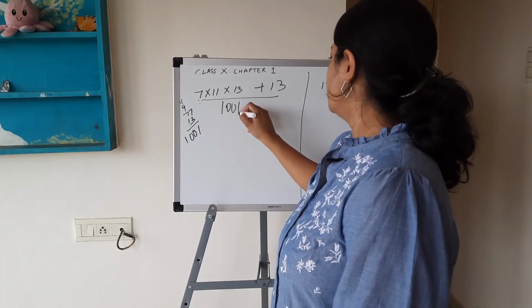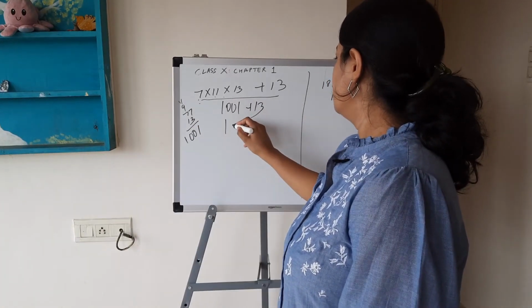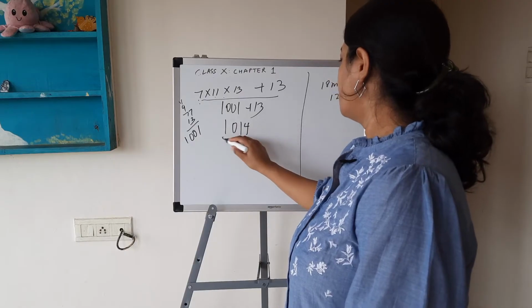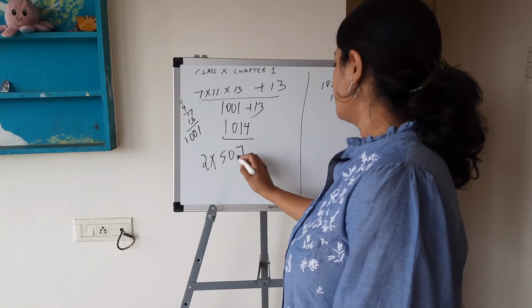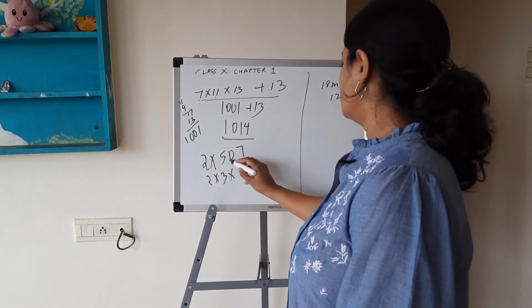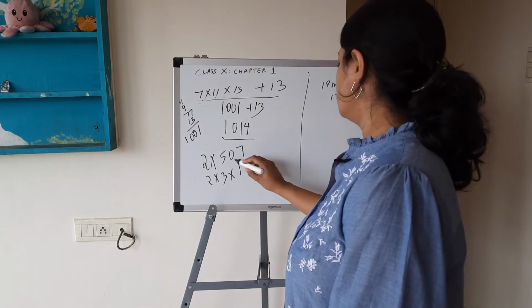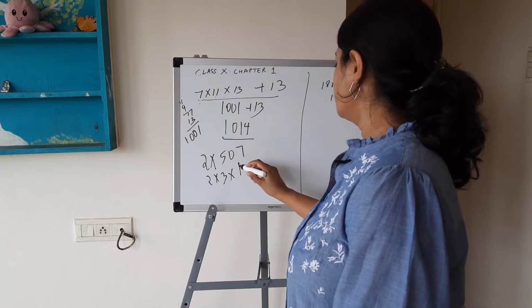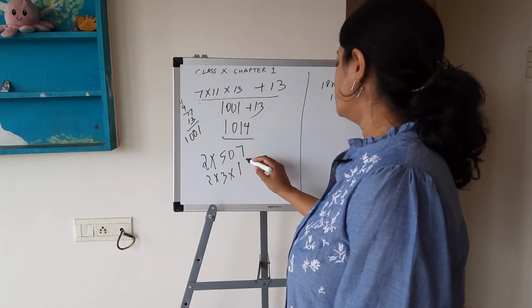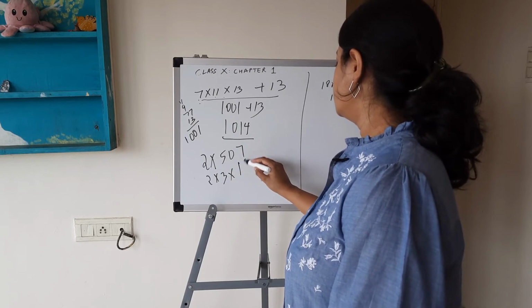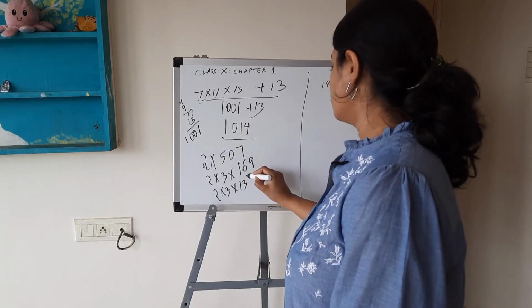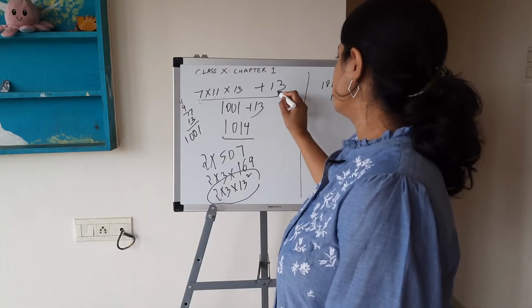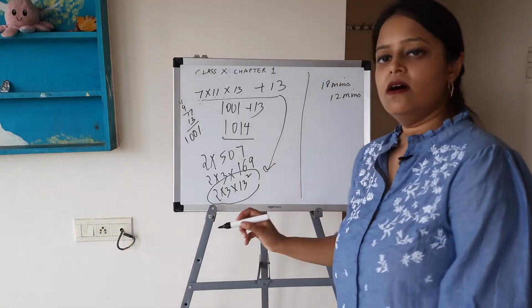So 1001 plus 13, which is 1014. Now what is 1014? 2 into 507, 2 into 3 into 13 square. So yes, this can be expressed as a composite number.